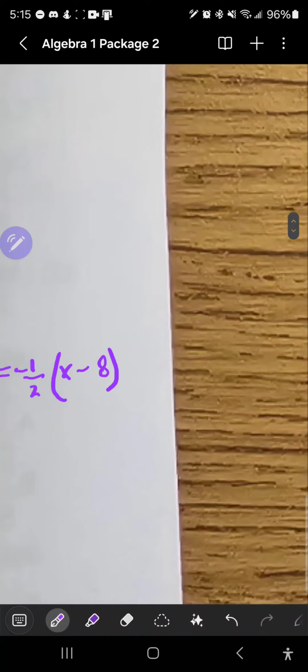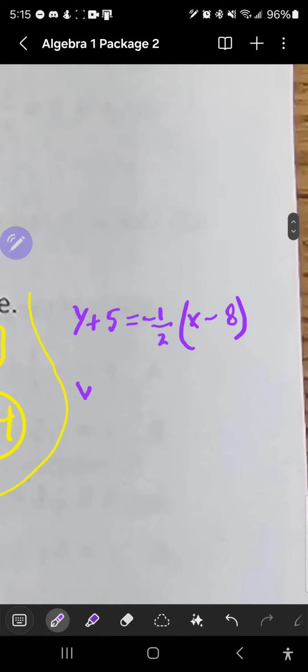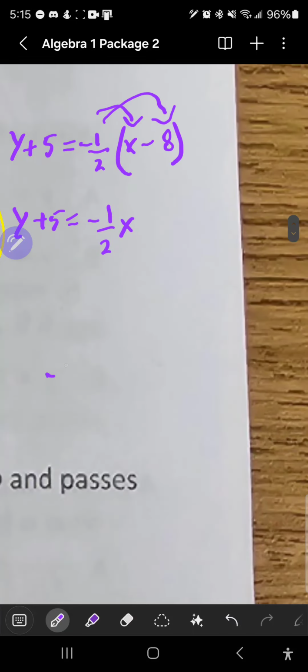So y plus 5 equals, we multiply the negative 1 over 2 by each term, and we get negative 1 over 2x. And now negative 1 over 2 times negative 8, remember the sign, negative 8 over 1.